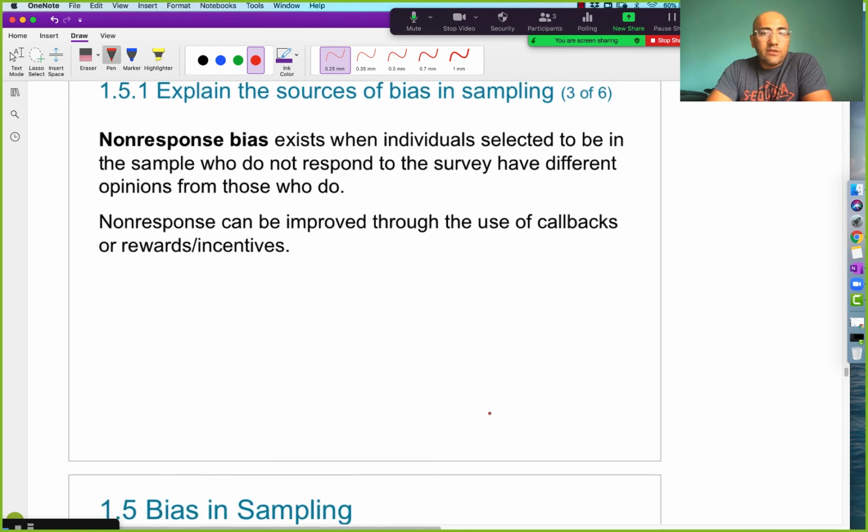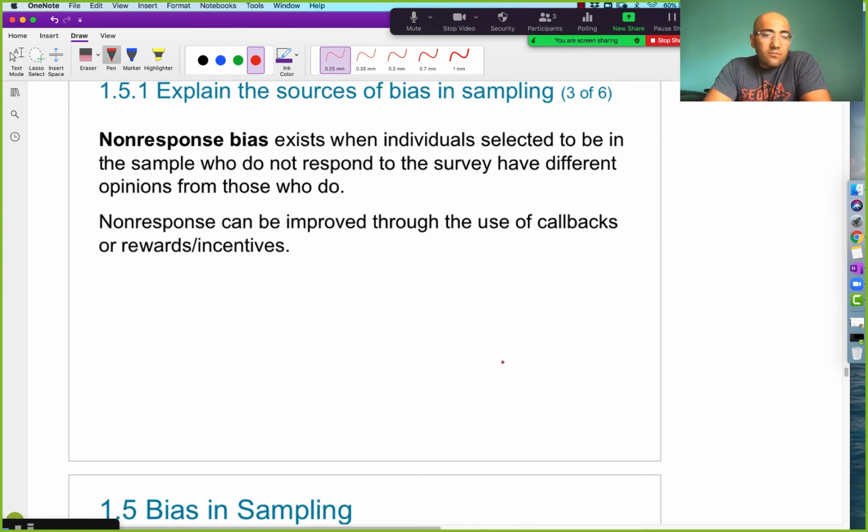Non-response bias exists when individuals selected to be in the sample who do not respond to the survey have different opinions from those who do. So if we do a good job of selecting by simple random sampling, I selected 100 students to be in my survey. Right? But just because I selected them doesn't mean that they want to be in it. Like you get an email that says, congratulations, you have been selected to be part of this panel of students.